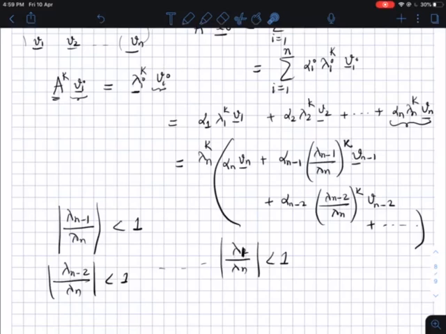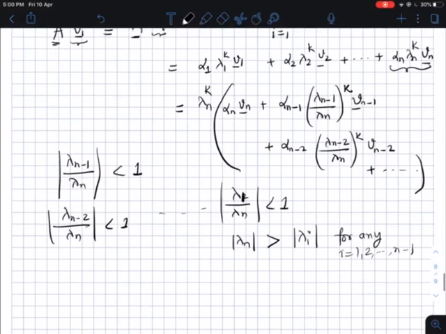What this means is I effectively want lambda n to be bigger than the absolute value of all the other eigenvalues. In other words, I want lambda n to be the largest eigenvalue in magnitude.